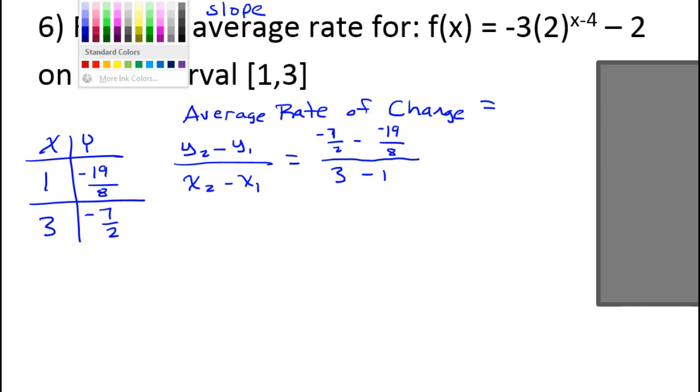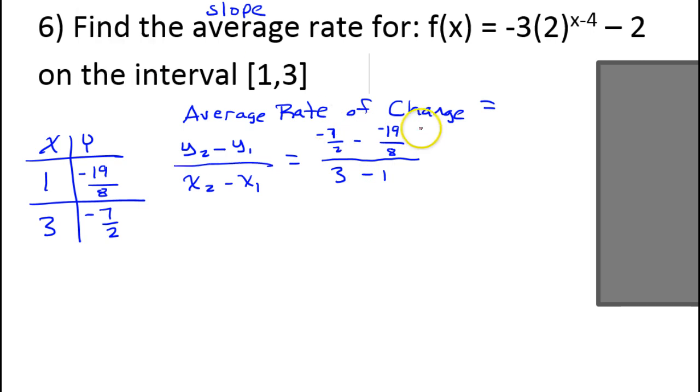Okay, I think I will do the numerator separately. So focus on this numerator. I'm going to do that down here. So I have negative 7 over 2. Minus a negative is addition. So I'm going to go ahead and write plus 19 over 8, because we have minus a negative number. So we're going to need like denominators here.